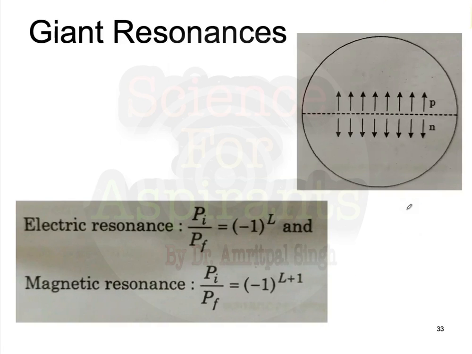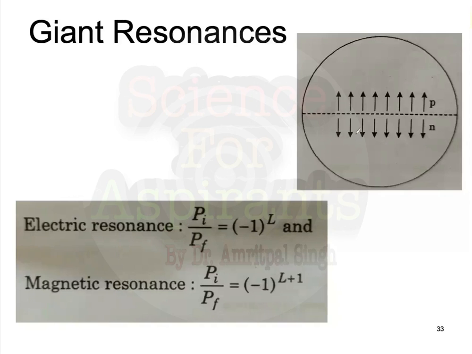This is showing the collective behavior, the photonuclear giant resonance motion: the electric field of the photon acts on the protons and neutrons, and due to that the protons move with the center of mass, or are at rest, while the neutrons try to move to the opposite side.